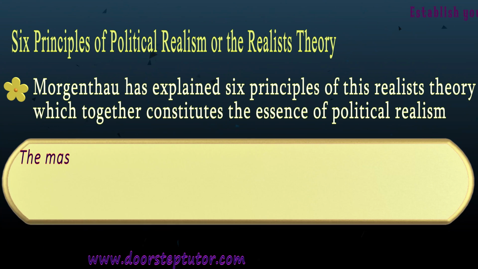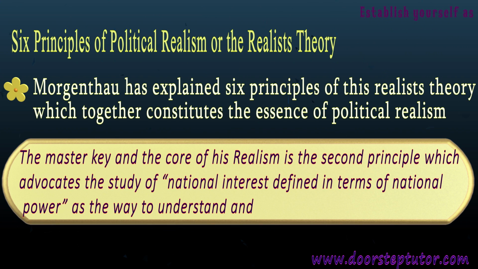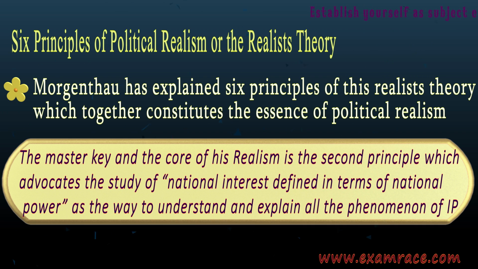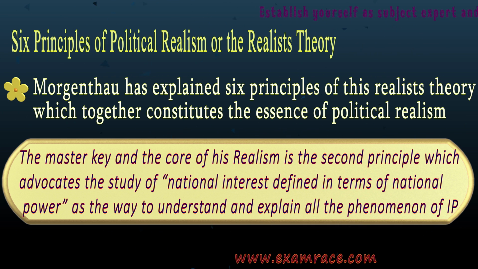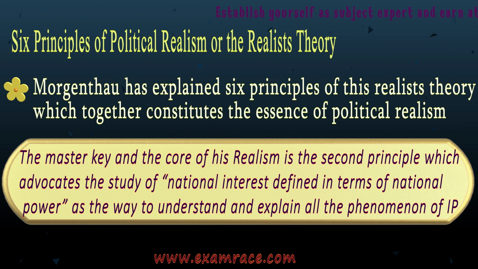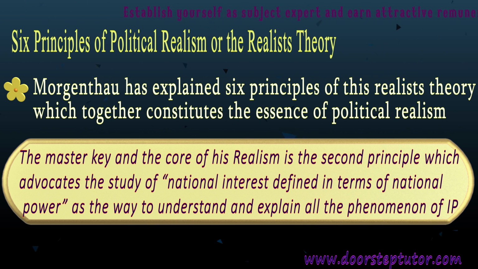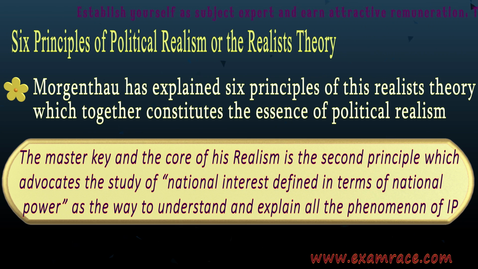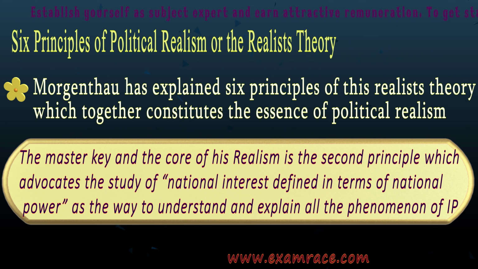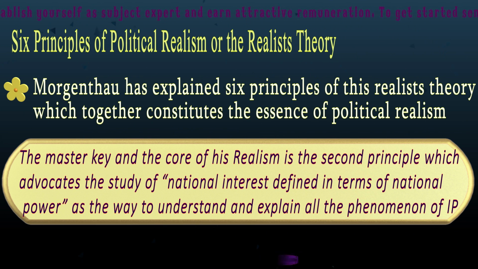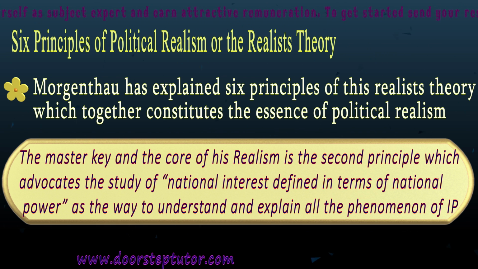The second principle advocates the study of national interests defined in terms of national power as the way to understand and explain all the phenomena of international politics. As I have said, he brings in the concept of power relationship and power approach.